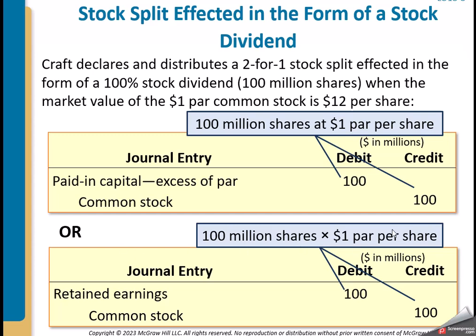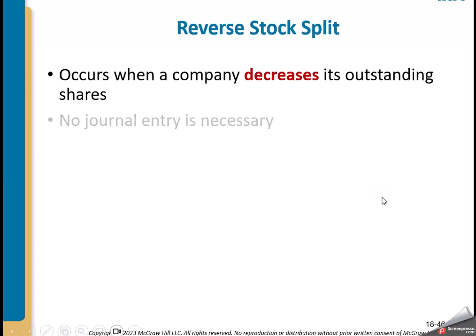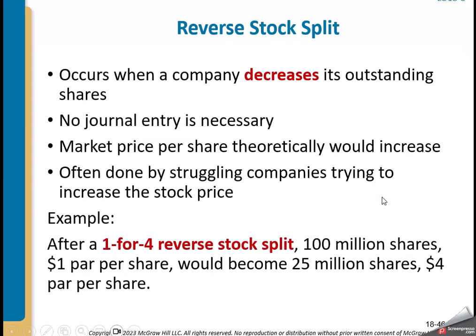So then we're just flip-flopping it between the common stock and the paid-in capital to bring that par value down. Or we could do it as a debit to retained earnings and then bring that par value down. But either way you look at it, nothing in your equity section of your balance sheet changes. It just moves between those two accounts.